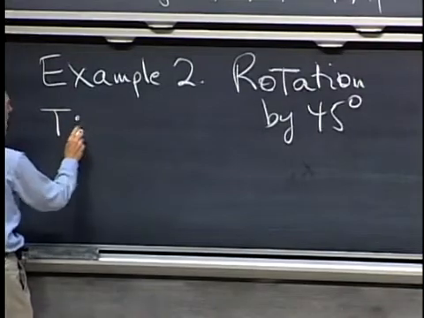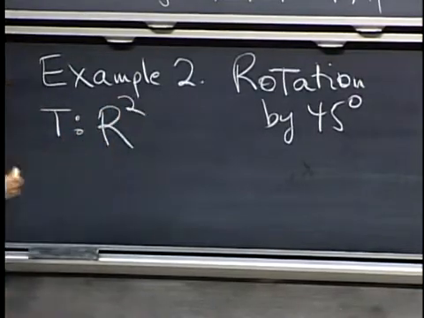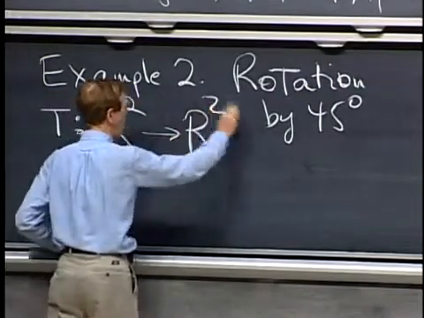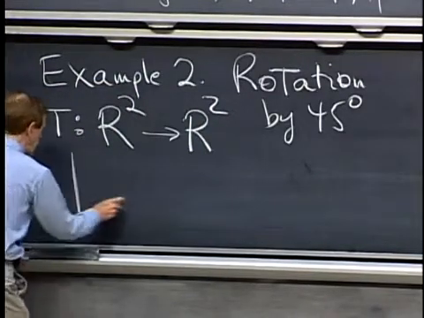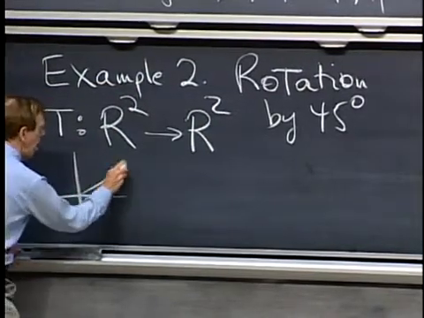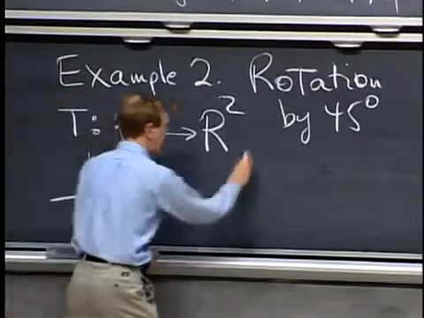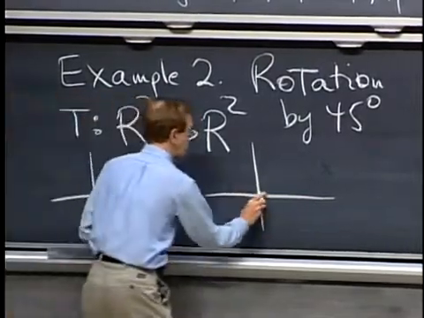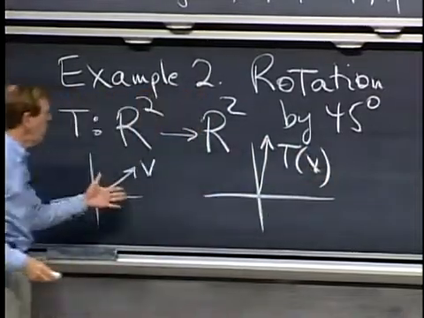This will be a mapping from the whole plane of vectors into the whole plane of vectors. And it just, here's the input vector v. And the output vector from this 45-degree rotation is just rotate that thing by 45 degrees, T of v. So every vector got rotated.